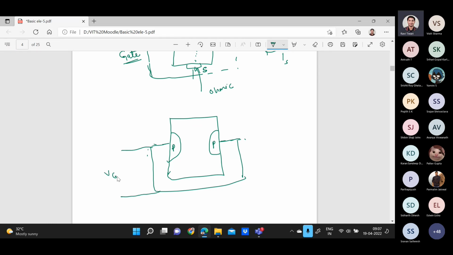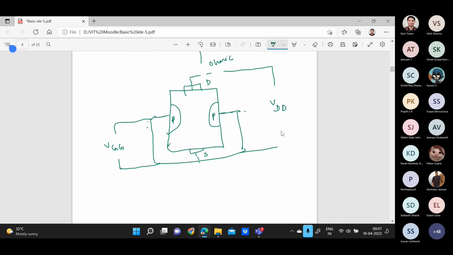Suppose this is VGG, the gate voltage. This is your source, this is your drain, and in between them you provide one voltage source that you assume as VDD.